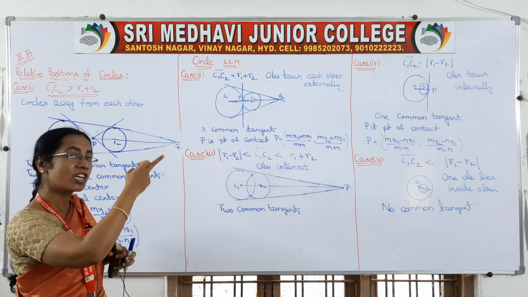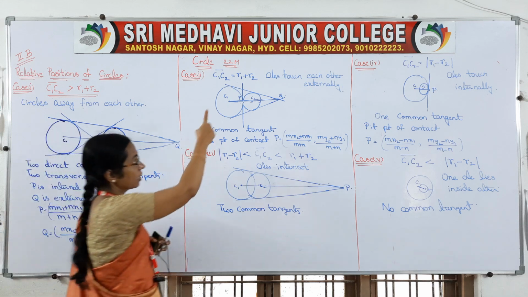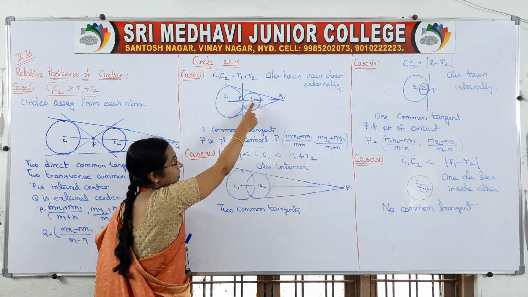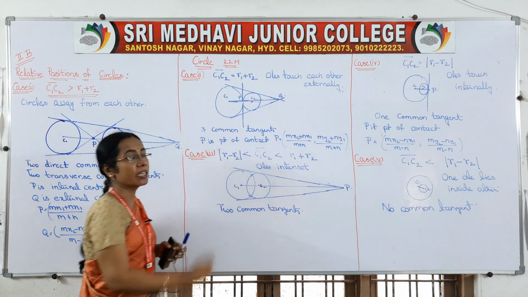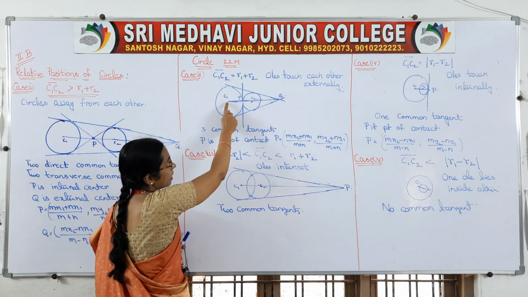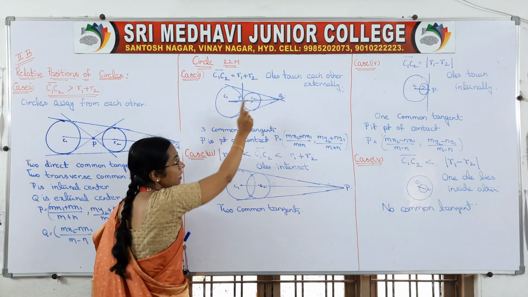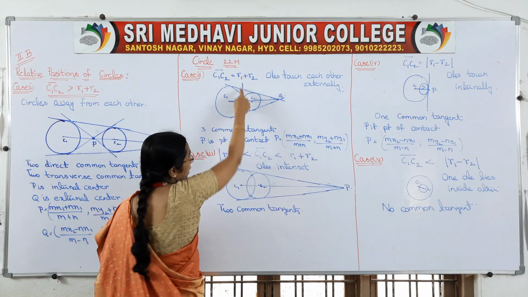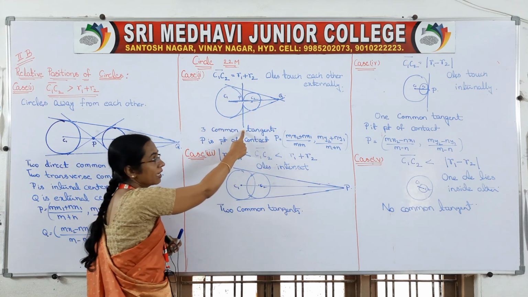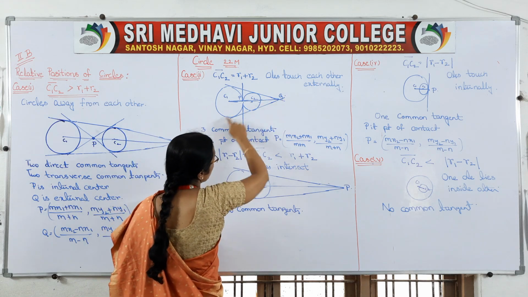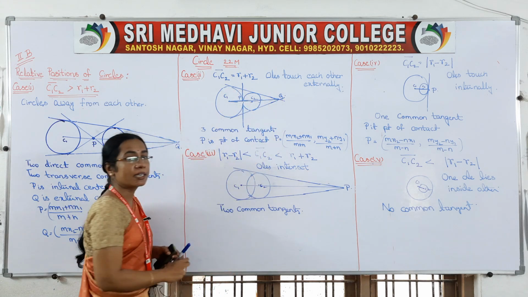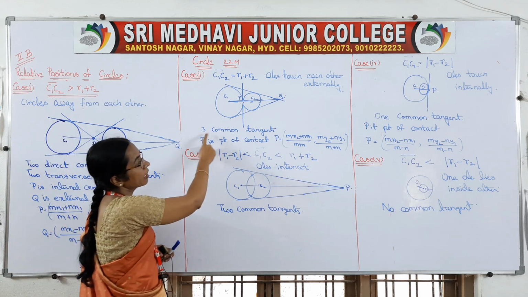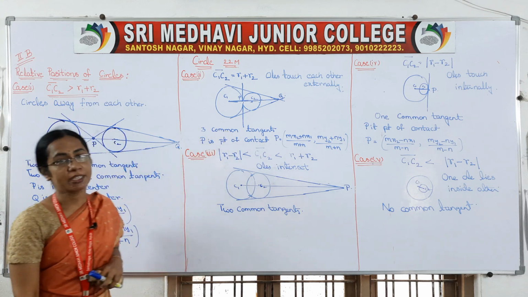Circles touch externally, but the point of contact divides C1C2 internally. Why? That point P lies in between C1 and C2. So at this point of contact, we can draw one common tangent, and from Q we can draw two common tangents.